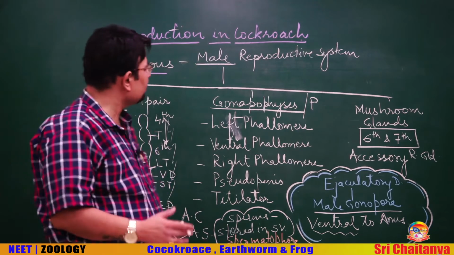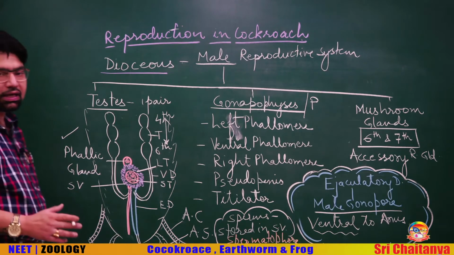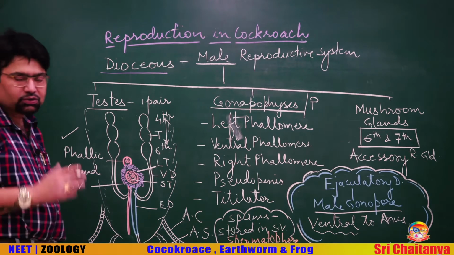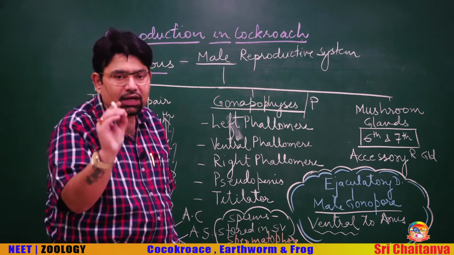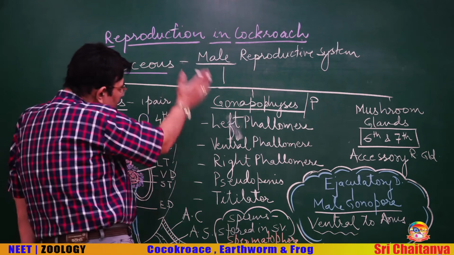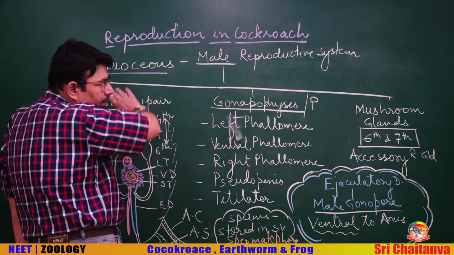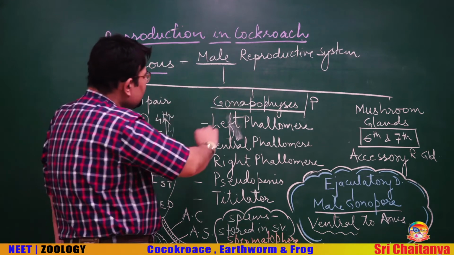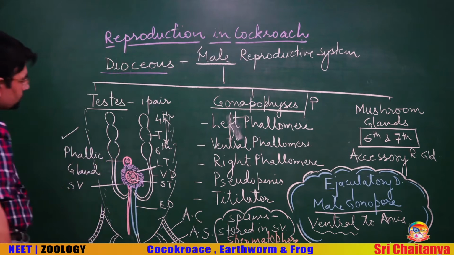Now let us begin with the reproduction in cockroach. Cockroaches are dioecious animals. Dioecious means sexes are separate and well developed. So we have the male system and the female system in different animals. Let us now begin with the male reproductive system in cockroach.